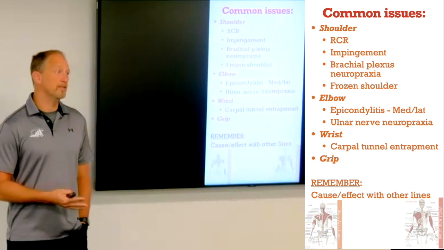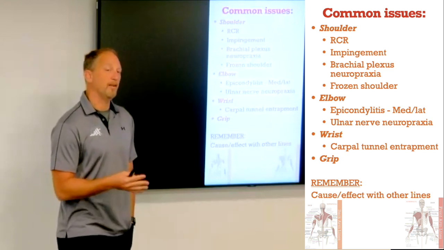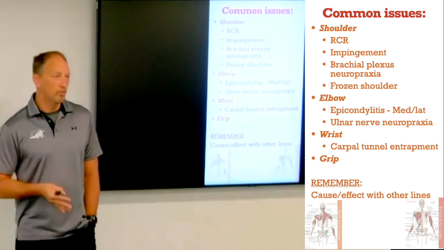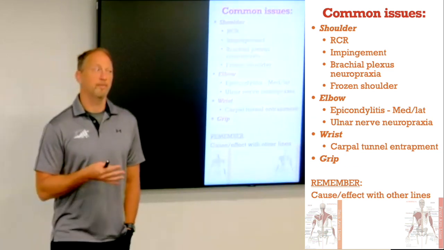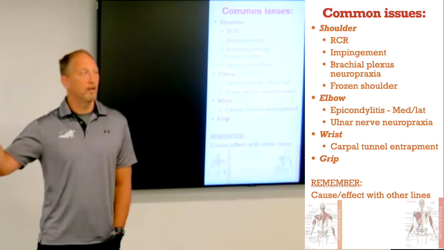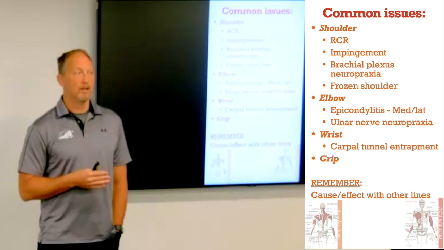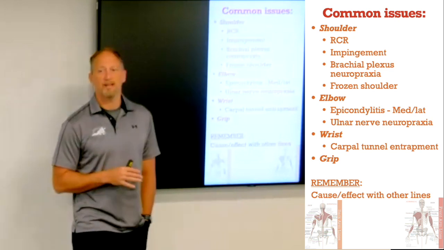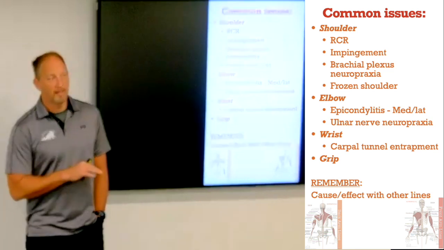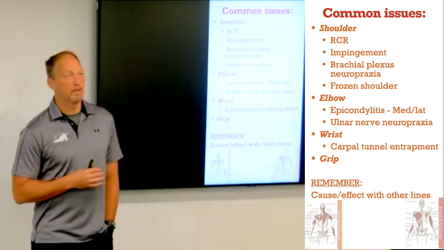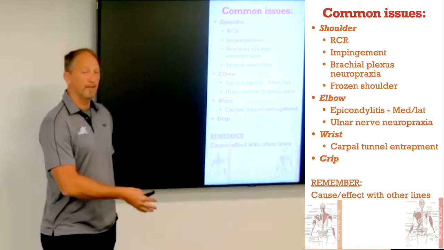And one of the reasons that it's so frustrating on both sides of that equation is because if we're only addressing the shoulder when it comes to shoulder impingement, we're likely not including all of the causative factors. We can take away some of the issues, but the likelihood of us actually completely resolving this is very, very slim if we don't look beyond just that shoulder. That's why we have to consider everything in that fascial line.